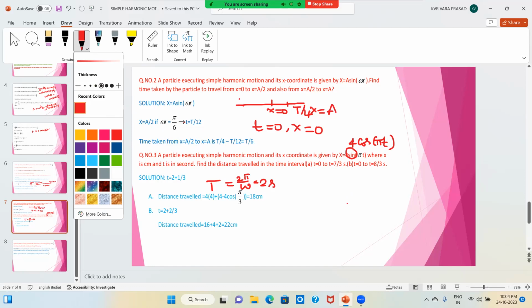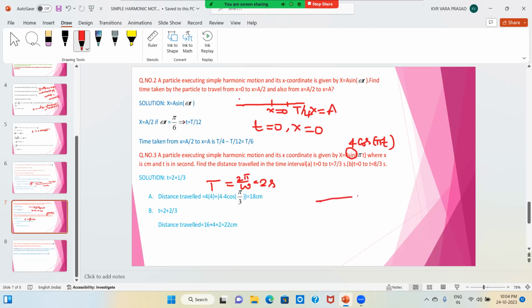You have to focus on this question very carefully. There is a possibility of making mistakes while calculating distance traveled. At time t equals 0, we got time 7 by 3, written as 2 plus 1 by 3.